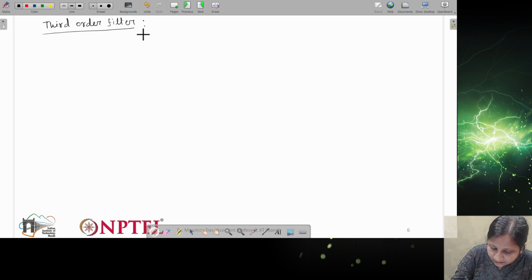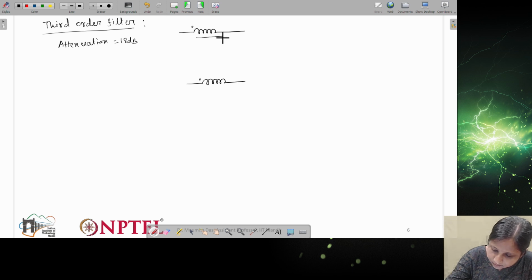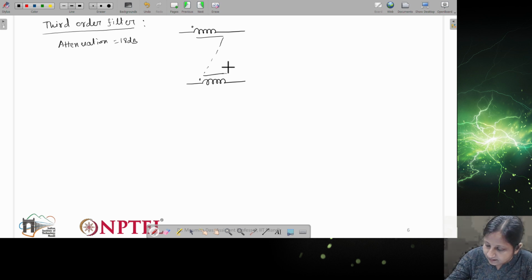So how does it look like? The attenuation here you will get is 18 dB per octave, right? It will basically have two sets of these inductors, and this will again be connected to the capacitor.